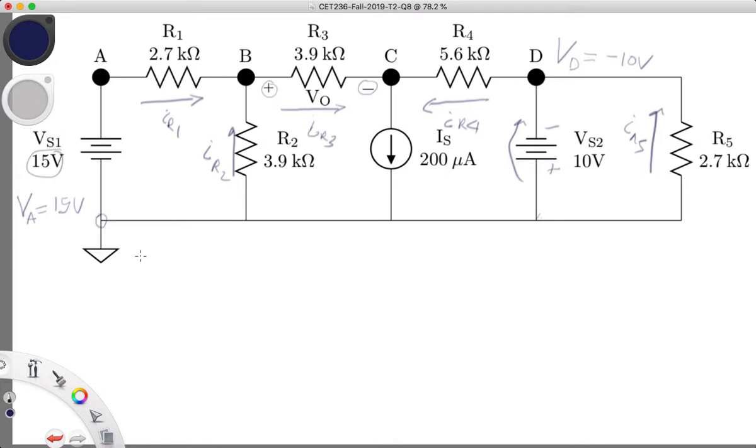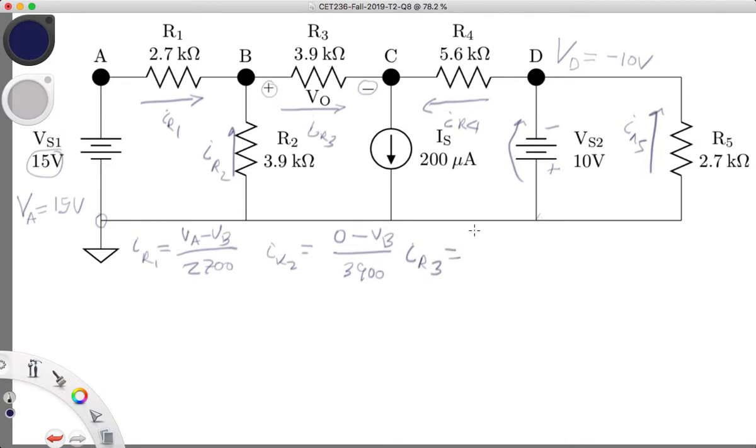So let's write out all the different currents. So IR1 is VA minus VB on 2700. IR2 is 0 minus VB on 3900. IR3 is, what is it?